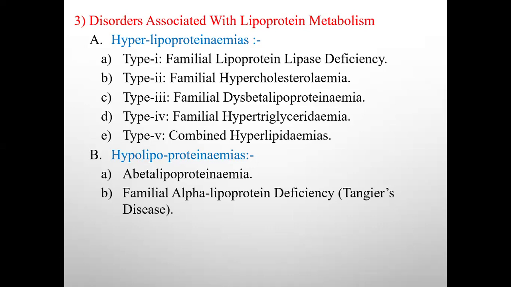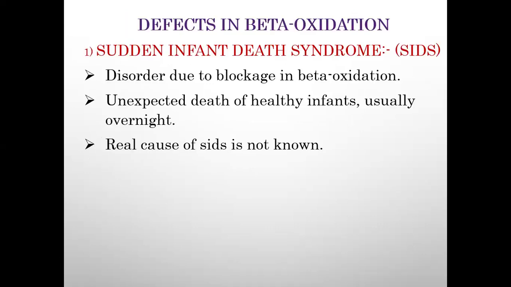Under B, we are looking at those associated with hypolipoproteinemias. Here we have abetalipoproteinemia, and B, familial alpha-lipoprotein deficiency, which we also call Tangier's disease.